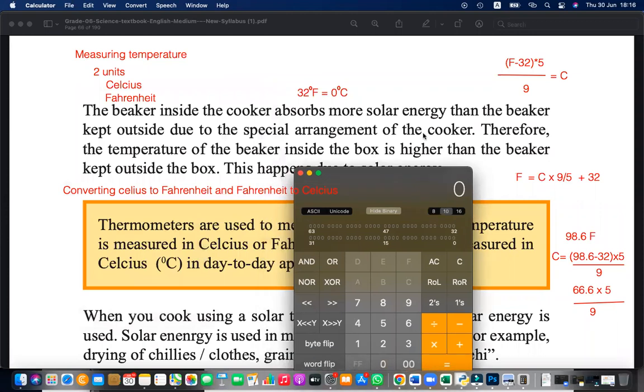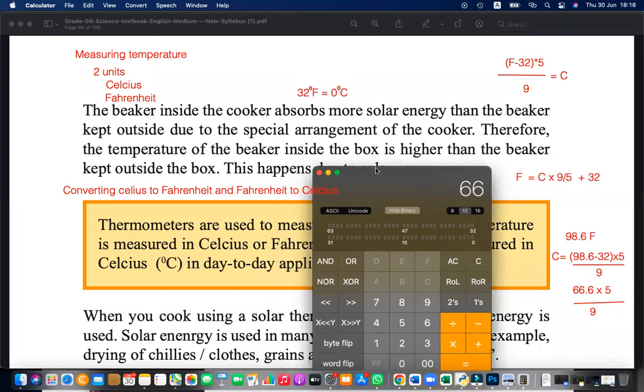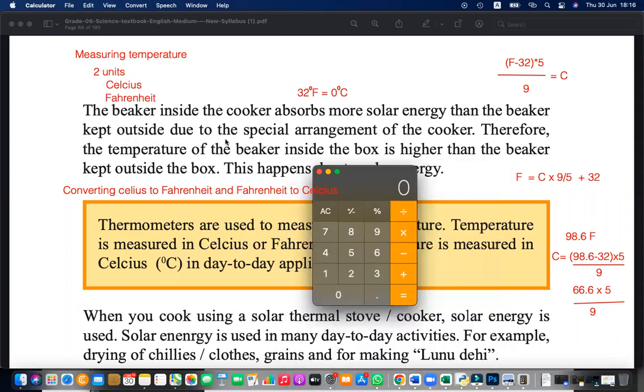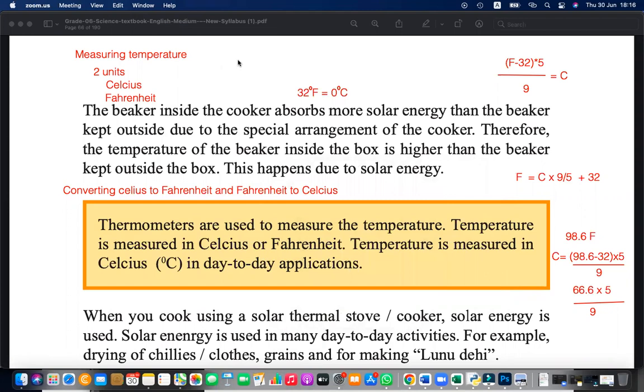But let's check the accuracy of our calculation with a basic calculator. 66.6 multiplied by 5 is 333, divided by 9 is 37. So it is 37 in Celsius.